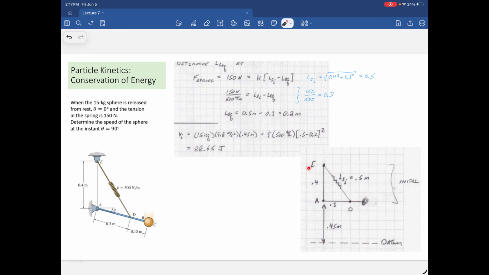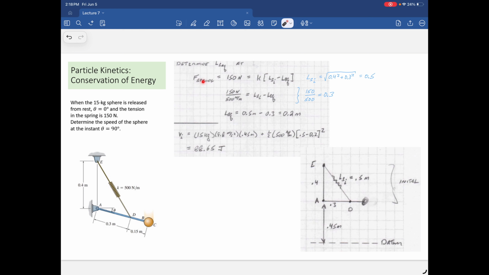So we determine the initial length of the spring here. When it's at the zero position, the two legs of the spring are 0.4 and 0.3. So the initial length of the spring is the square root of 0.4 squared plus 0.3 squared, or 0.5 meters. The amount the spring is stretched at that position is calculated from the knowledge that the spring has a tension of 150 newtons.